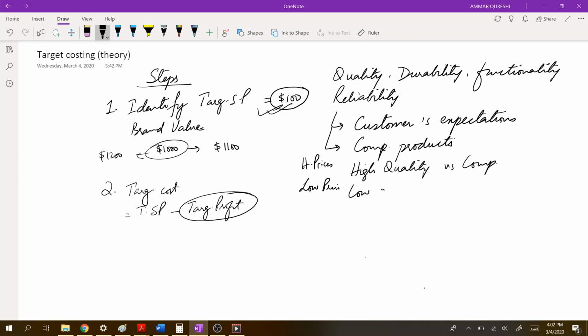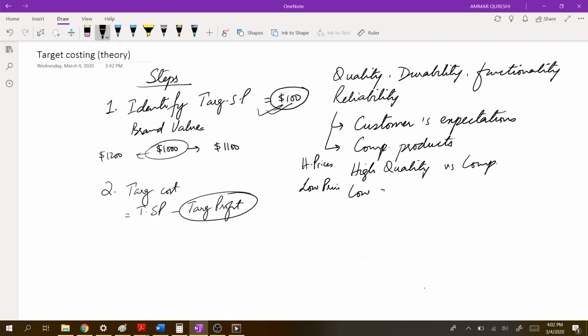We know that if we can sell it at $100, we will be able to grab a good market share in the current situation. Then we have to identify what the targeted cost should be, because we know that we cannot sell our product at any amount more than $100. So we need to identify what profit we want from this product. For this, we have to analyze.